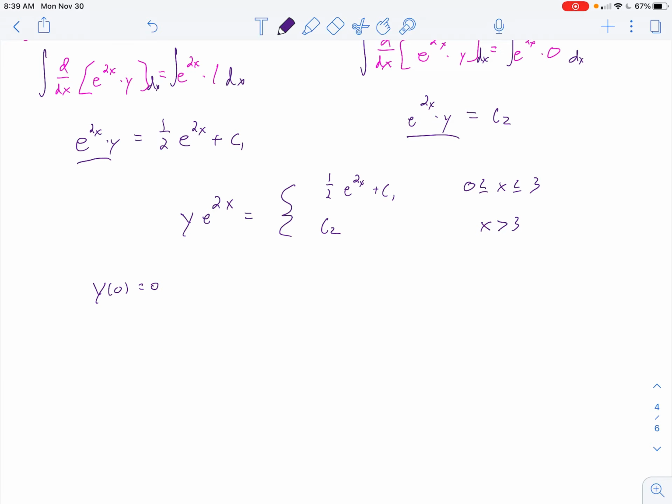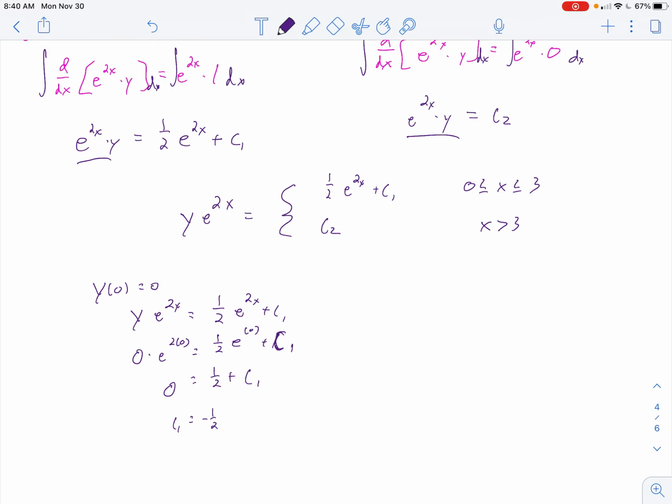So we plug it into y e to the 2x is equal to 1/2 e to the 2x plus c sub 1, and we solve for c sub 1. Plug in 0: 0 times e to the 0 power is just 0. On the right-hand side, 1/2 e to the 0 is 1/2, plus c sub 1. Get that over, so c sub 1 is equal to negative 1/2.